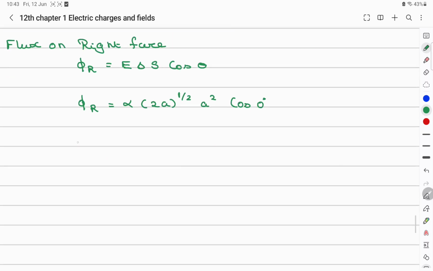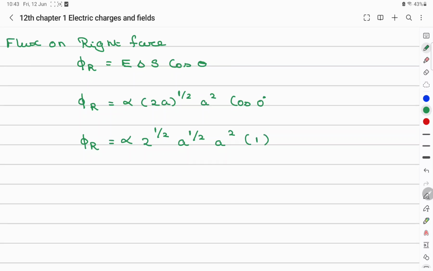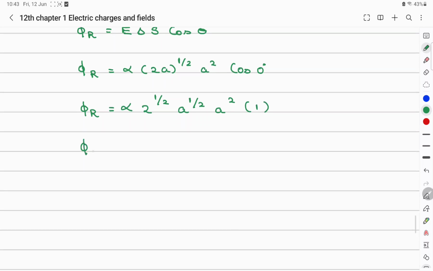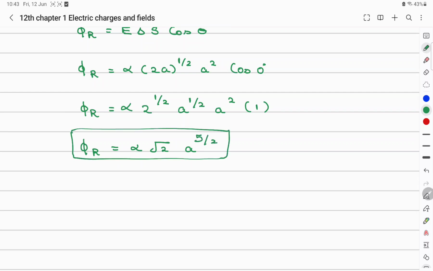Cos 0 degree value is 1. So phi of r is equal to alpha 2 power 1 by 2 a power 1 by 2 a square into 1. After simplifying, we get the flux through the right face as alpha root 2 a power 5 by 2. So this is equation number 2.